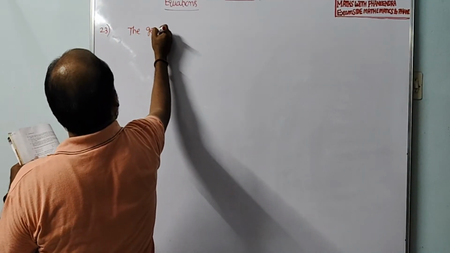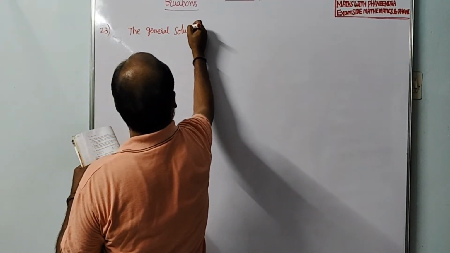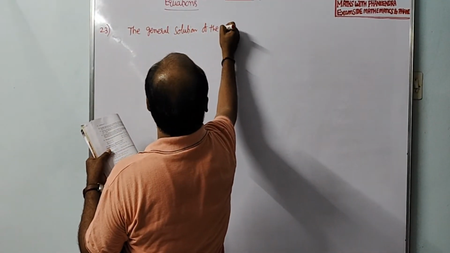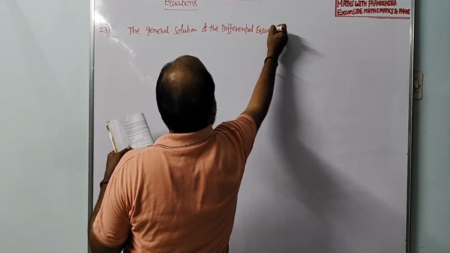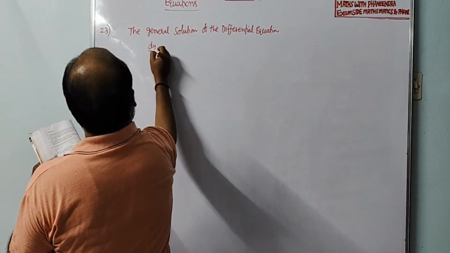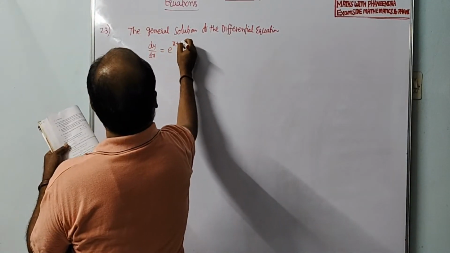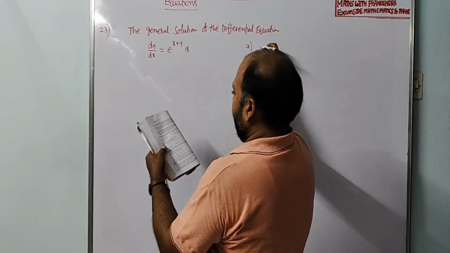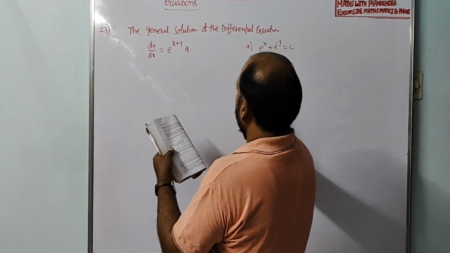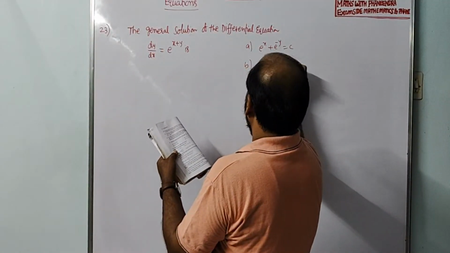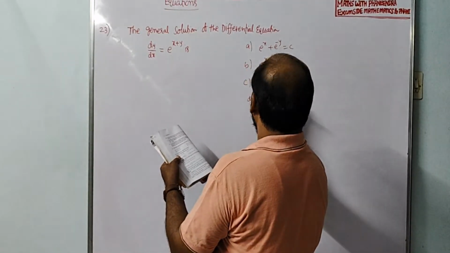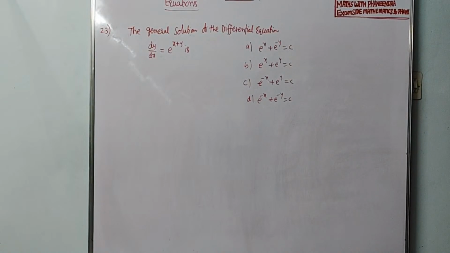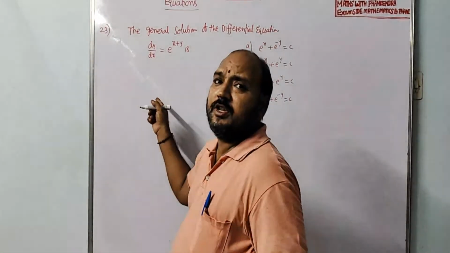The general solution of the differential equation dy by dx equal to e power x plus y is. First they are asking the general solution, no?